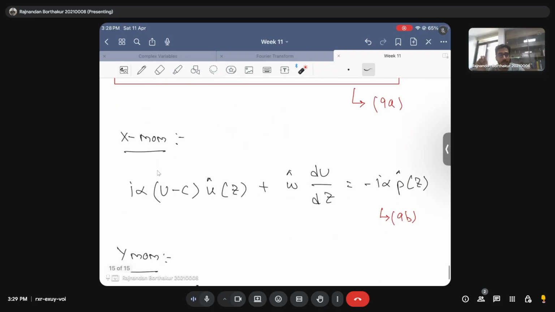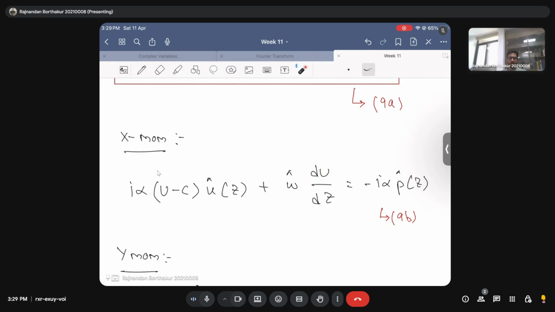The only thing known to us is the base flow, capital U. This is something we know a priori. Apart from this, in addition to the hat quantities, the wave numbers are also unknown. This makes it very challenging to solve.